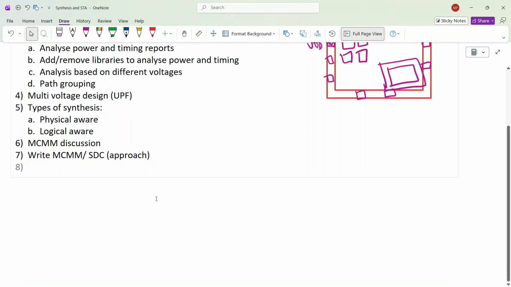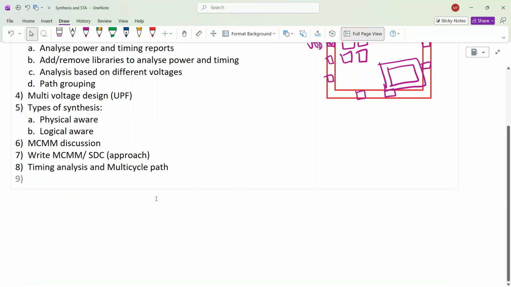So after writing this, we are again going to do the timing analysis, and the application of multi-cycle path: how the application of multi-cycle path changes the timings.